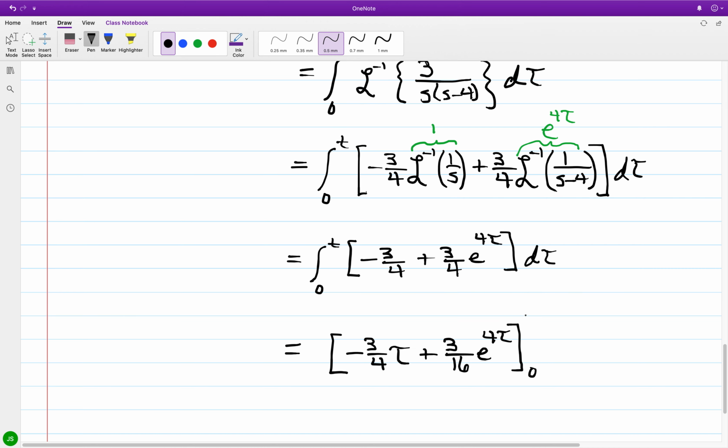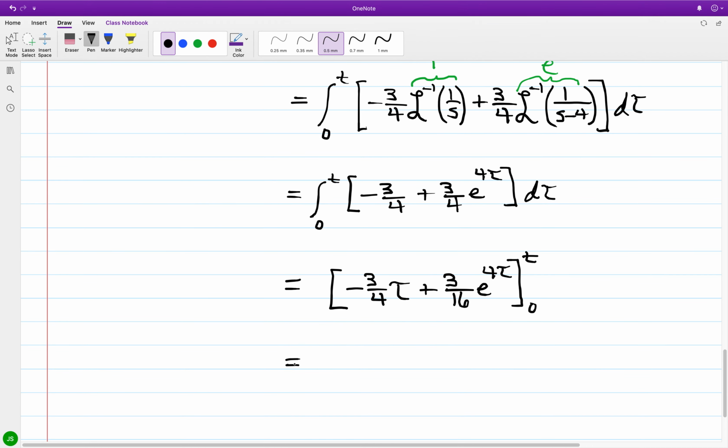This tau goes from 0 to t. So we have negative 3/4 of t, and we have plus 3/16 of e to the 4t.